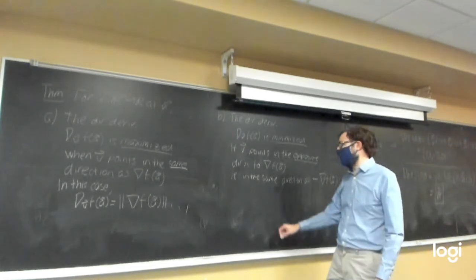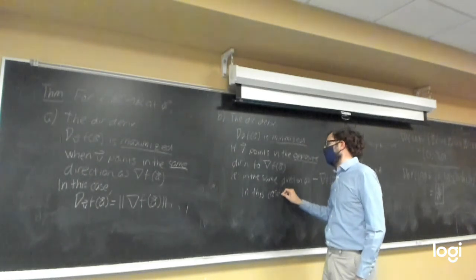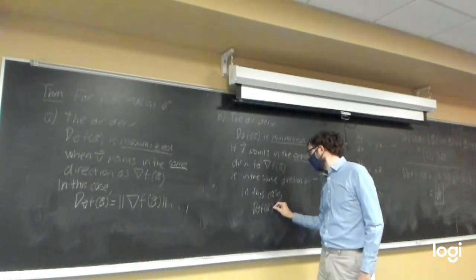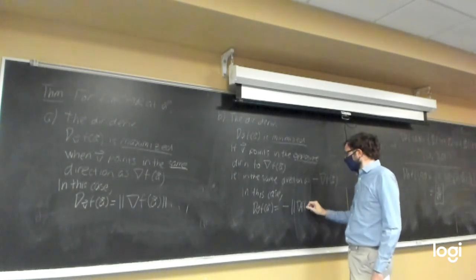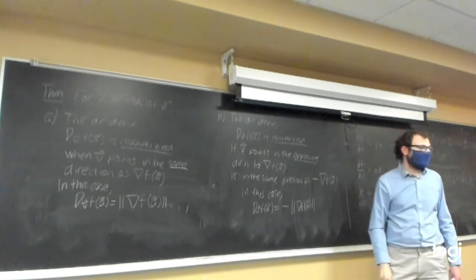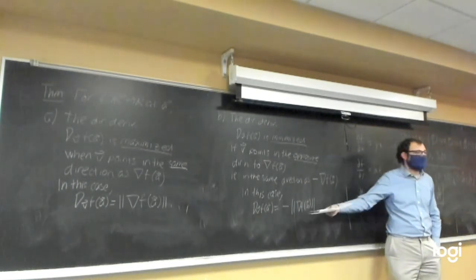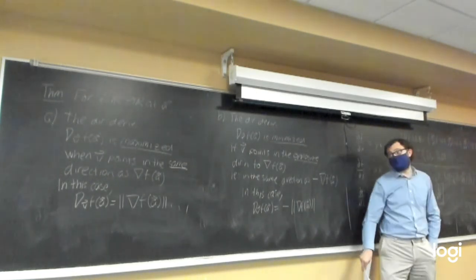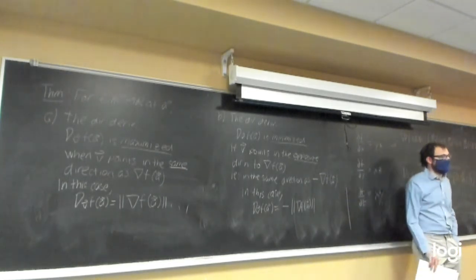And in that case, the value that the directional derivative is going to come out to is just going to be the negative of the magnitude of the gradient vector. Meaning that's the most downhill slope you can find at that point, whereas the positive magnitude of the gradient is going to be the most uphill slope.